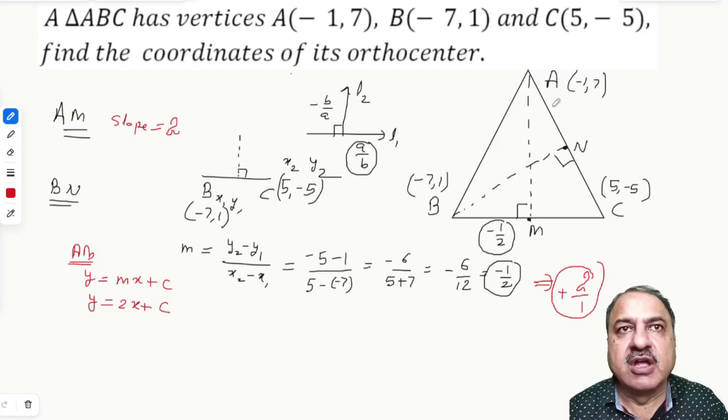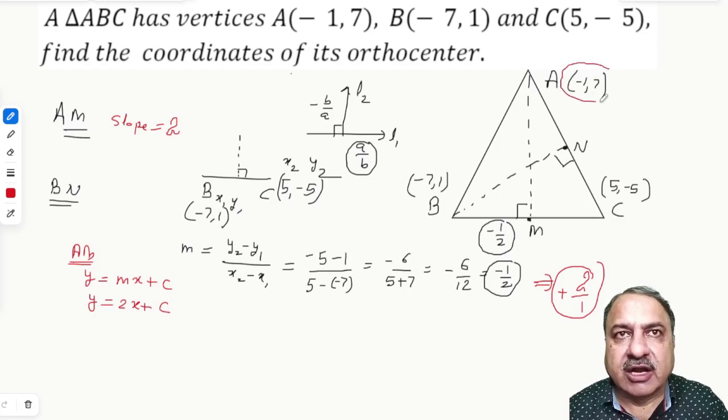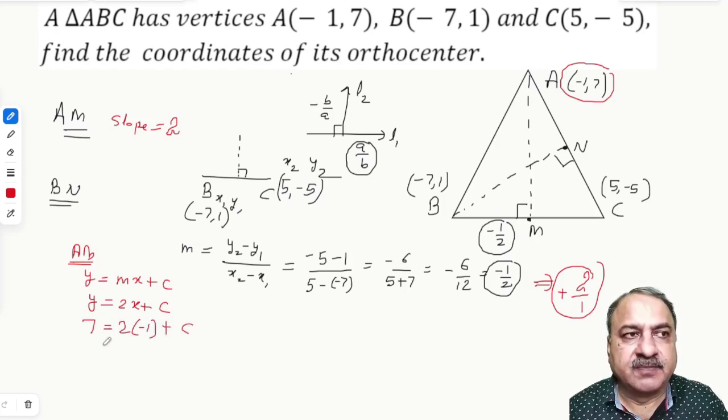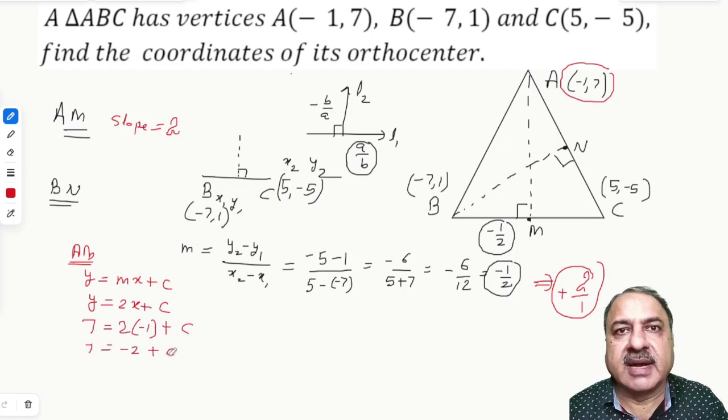We will plug in the coordinates of A, (-1, 7). 7 equal to 2 into -1 plus c. We are getting 7 equal to -2 plus c. -2 will move to the left and become +2. 7 plus 2 equal to c. 7 plus 2 is 9. We are getting c equal to 9.